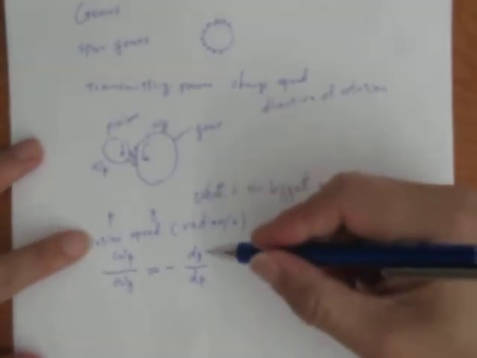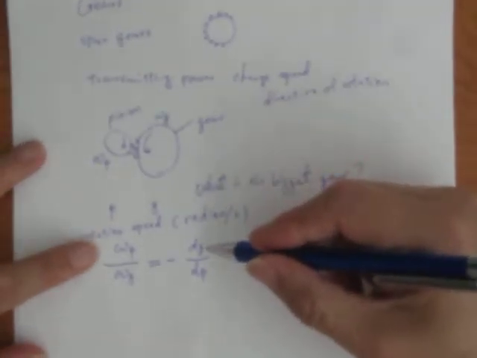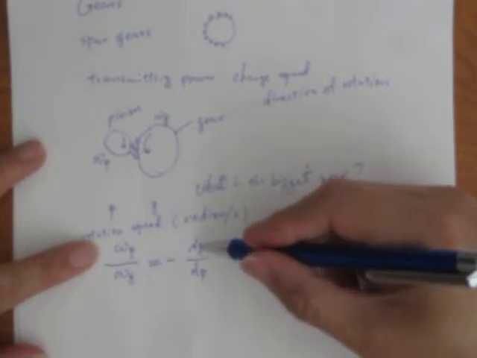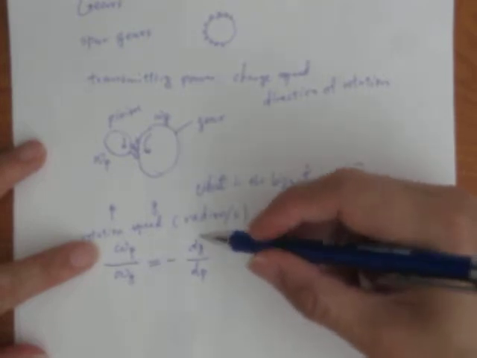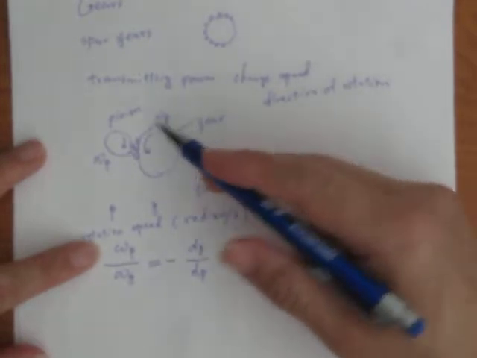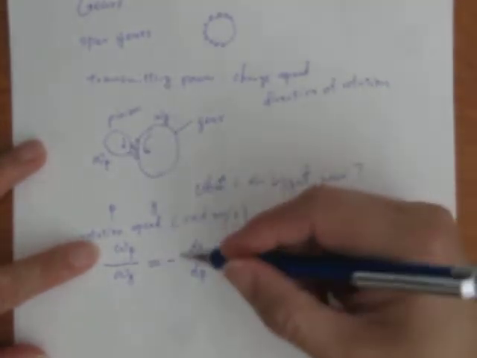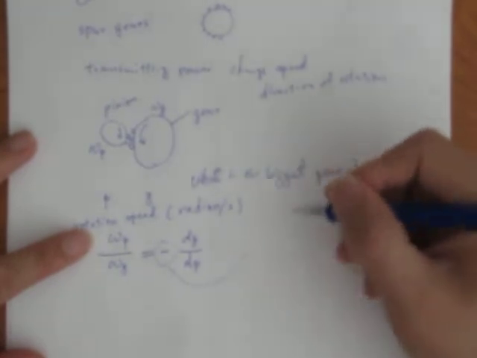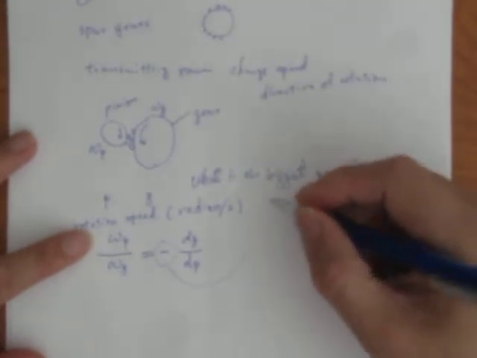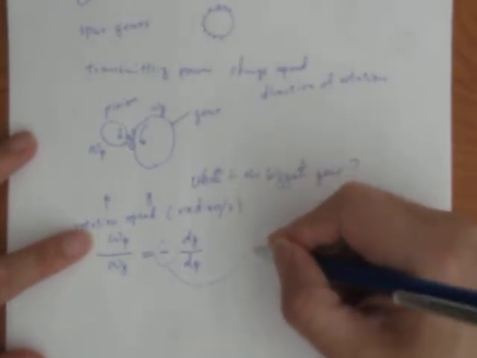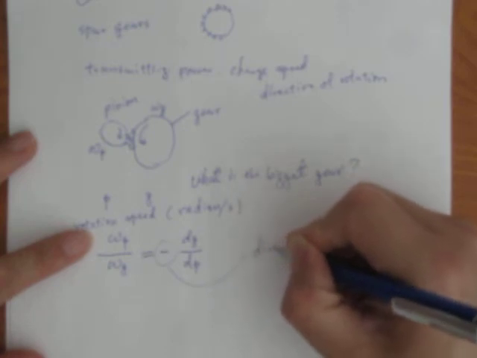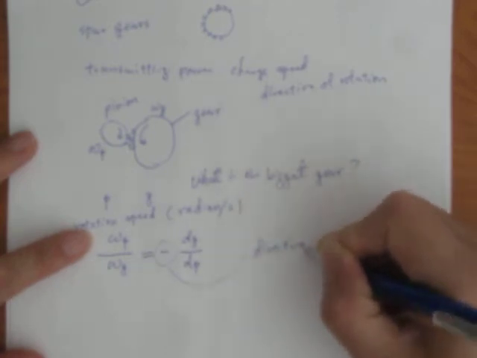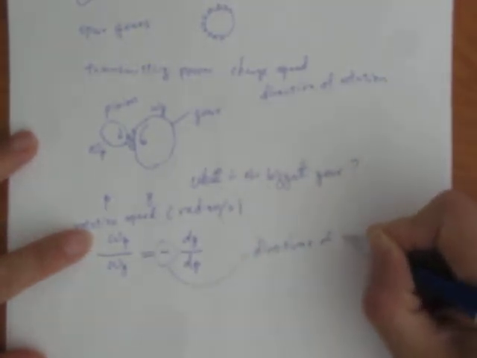Again, the subscripts g and p represent gear and pinion. And this negative sign means the direction of rotation is opposite.